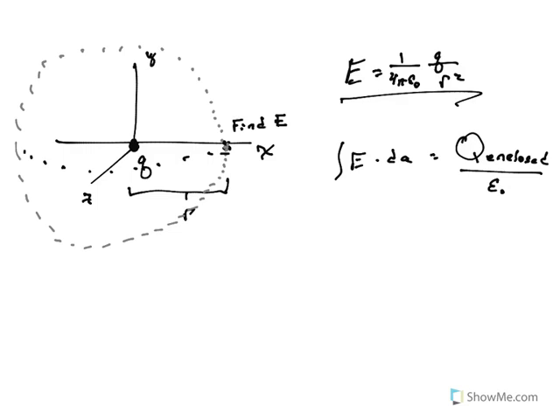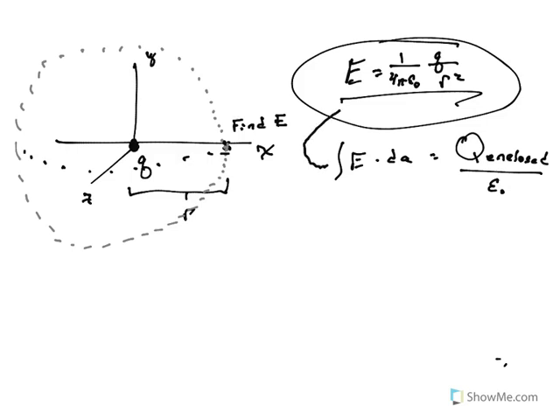And let's see if this happens to work. All right, so how do we solve this equation? What I want to do is see, is it true that the electric field is indeed this? Or I should say, we know that it is that. The question is, will this reproduce that equation?